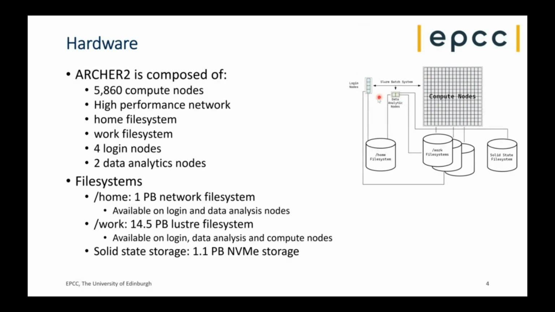So that's what these data analytics nodes are sort of designed for, things like single process jobs, copying data to systems, copying data from other systems to ARCHER2, downloading data sets, doing some small amount of data processing there.